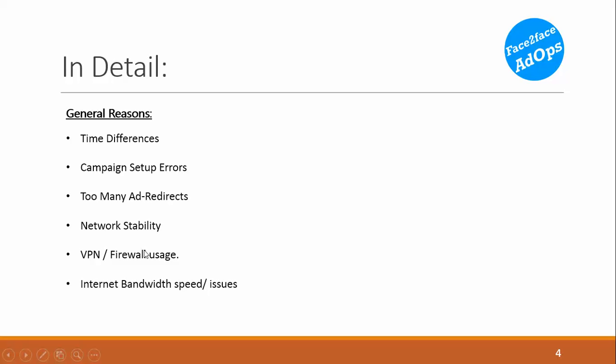VPN and firewall usage. Nowadays we use VPN in our workplace so as not to open objectionable sites. Also, in media agencies or media organizations, we use VPNs to check how a particular visual shows up in a different geo.